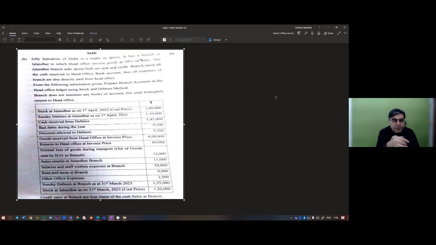You have to prepare branch accounts in the head office ledger. The branch does not maintain books, so it is a dependent branch. We answer it here. It will be a detailed, beautiful answer, guys.